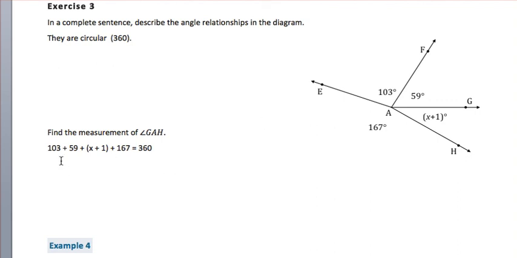And when we add all of the numbers together, we get 330 plus x equals 360, which means that x equals 30, and the measurement of GAH is x plus 1, which is 31 degrees.